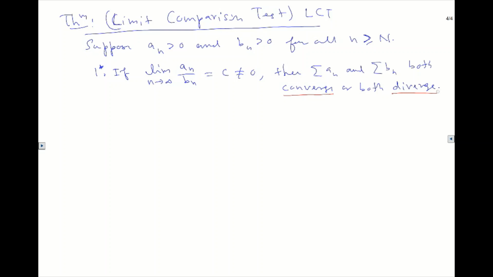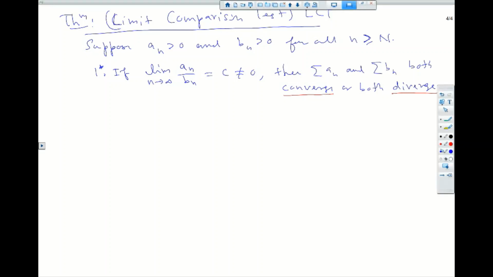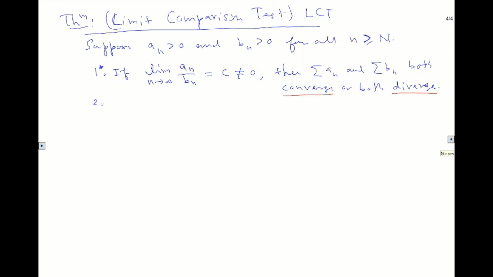So that's the result. And then I'm going to give you two more results, some other cases also. Let's say we get other limits. The limit as n goes to infinity of an over bn is 0 now, and we also know that sigma bn converges. If the limit is 0 and bn converges, that means an is comparatively smaller than bn.